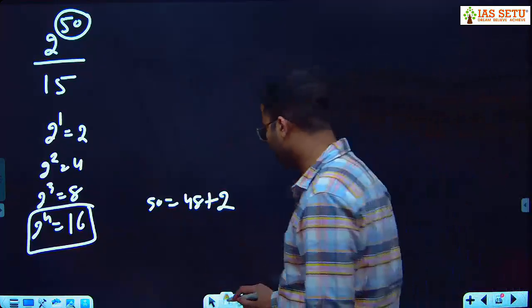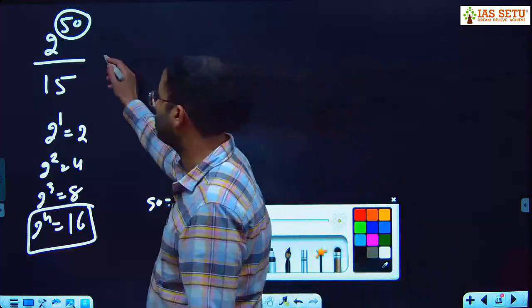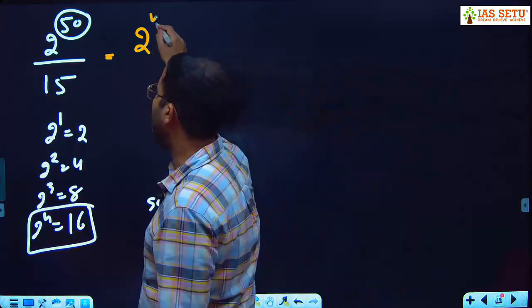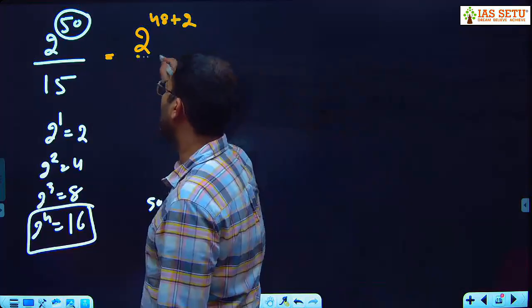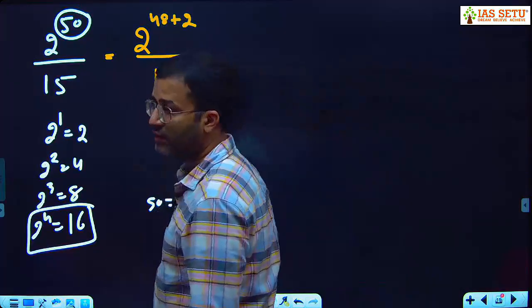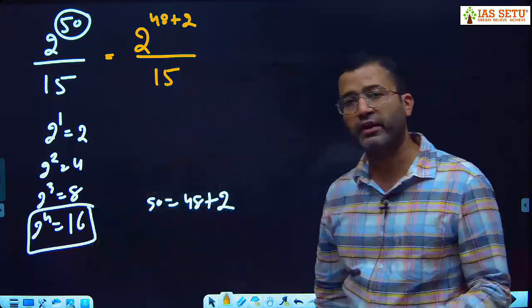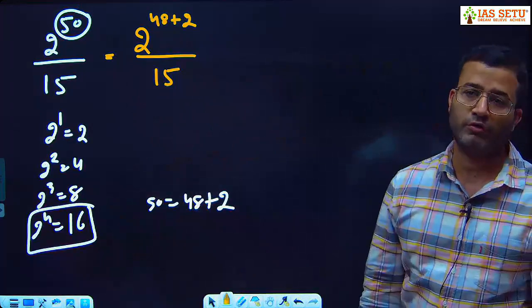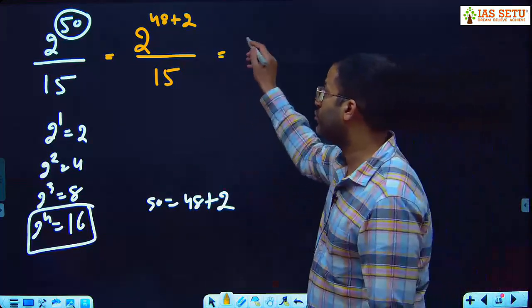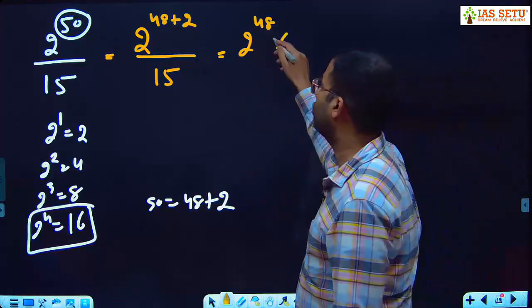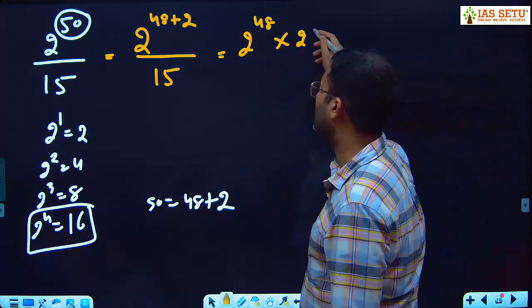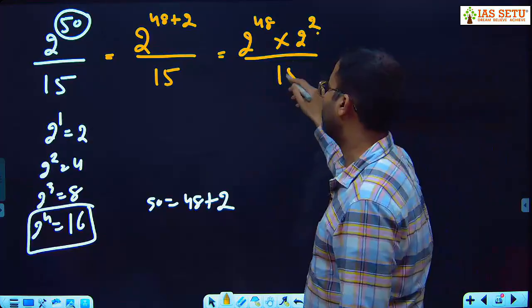So what we do, we have one extra step in this type of question. We write it as 2 to the power 48 plus 2 divided by 15. Why 48? Because up to 48, we have exact pairing of 4. Then we write it as 2 to the power 48 into 2 to the power 2, या 2 into 2 अलग से लिख लो, divided by 15.